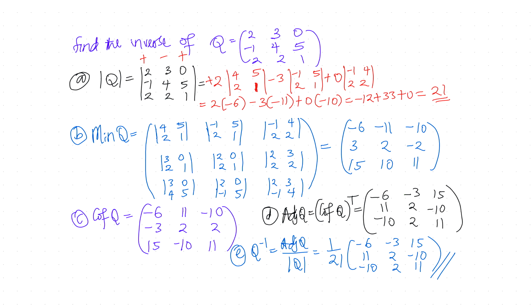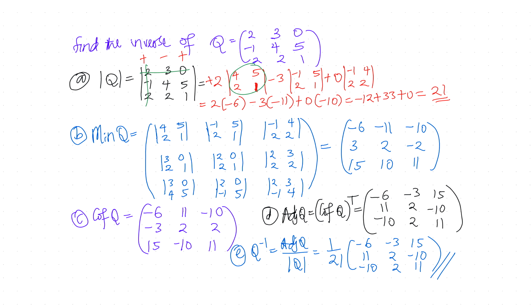Again, like I advised, you can find the determinant first or last because it has nothing to do with the other things in between. So the determinant of Q, you have those in straight bars. You already know that this is plus, minus, plus. So you take plus 2, you cross the column, cross the row, and you have 4, 5, 2, 1. That's why you have 4, 5, 2, 1 here.